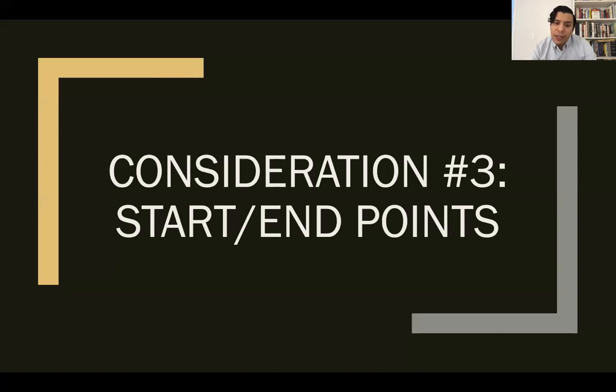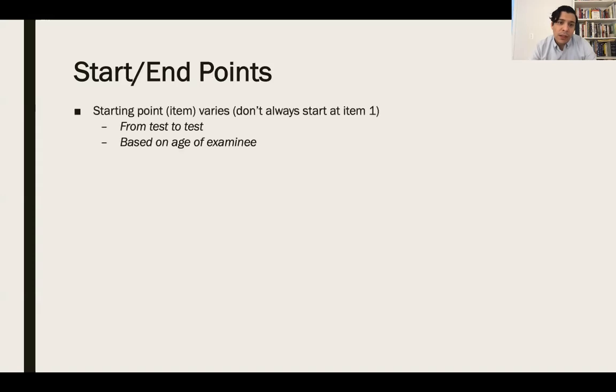Our third consideration is the start and end points. The starting point, which is usually an item, varies. So you don't always start on question or item one. The starting point varies from test to test. It could also vary within the same test based on the age of the examinee.